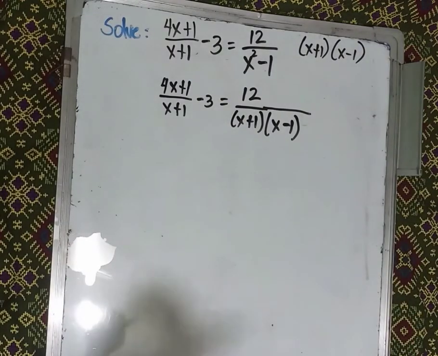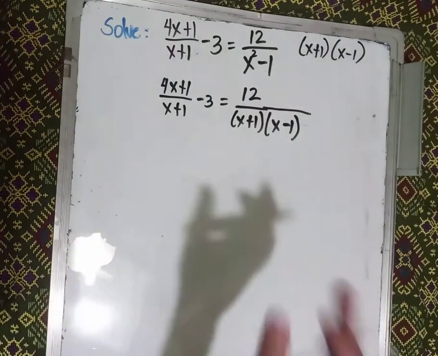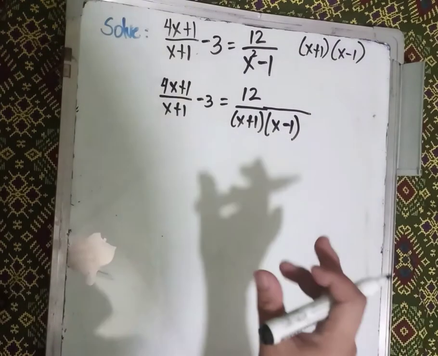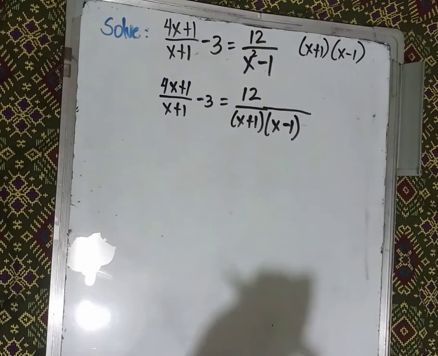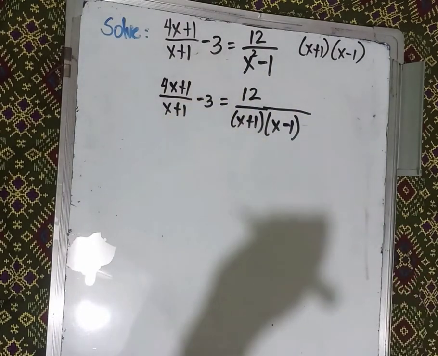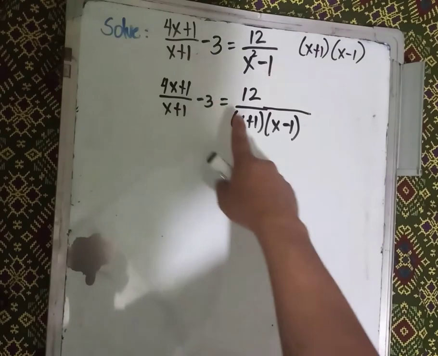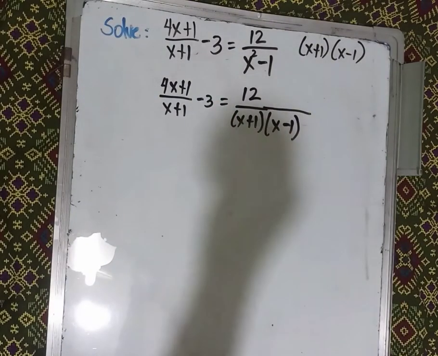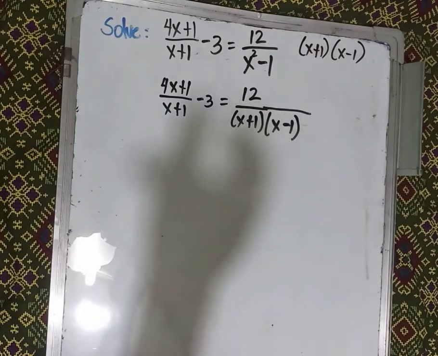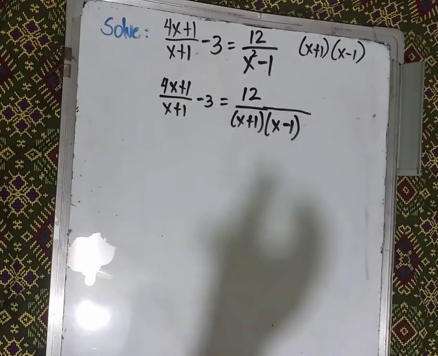So ano yung LCD natin? To find the LCD, kung anong nandyan sa denominator, that is your LCD. Okay, ano yung LCD natin, or ano yung value ng denominator natin? That is x plus 1 and x minus 1. So in order to find the LCD, lahat yan, that is your LCD. So ano yung LCD natin?